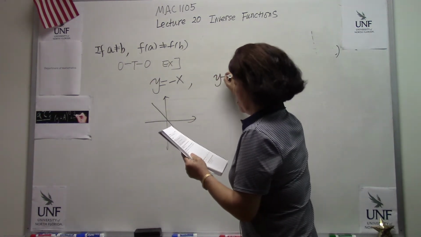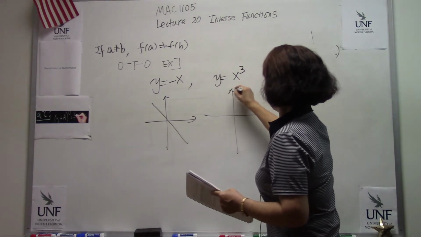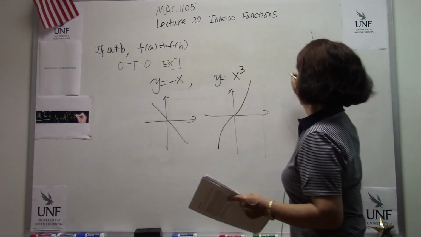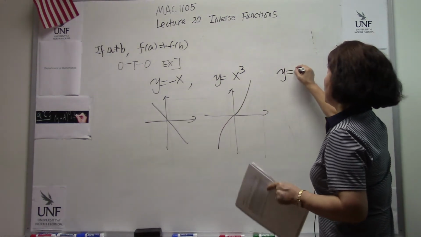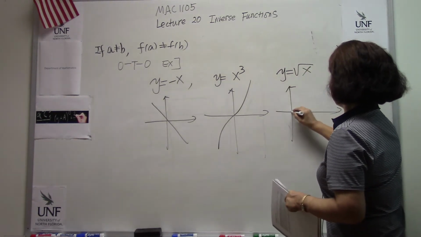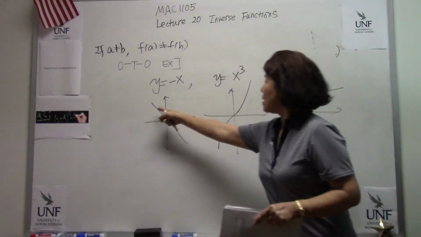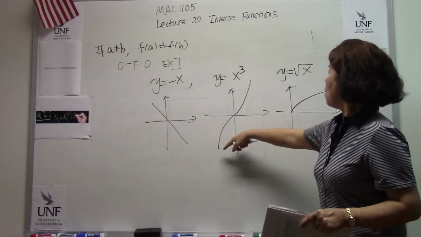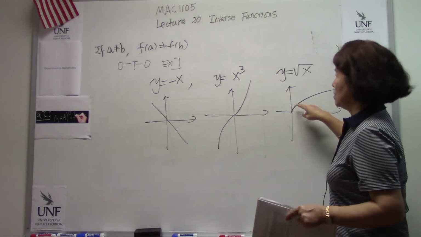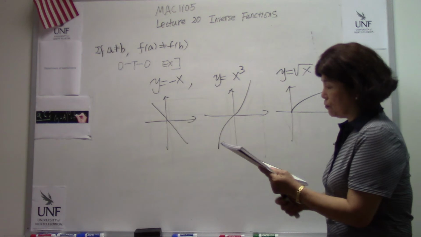Or y equals x cubed. Do you remember the graph? Basic function graphs over here, like this. Or y equals square root of x. Yes, the graph is from here and then going up. So here only decreasing, here only increasing, and here also only increasing. These are examples of one-to-one functions.